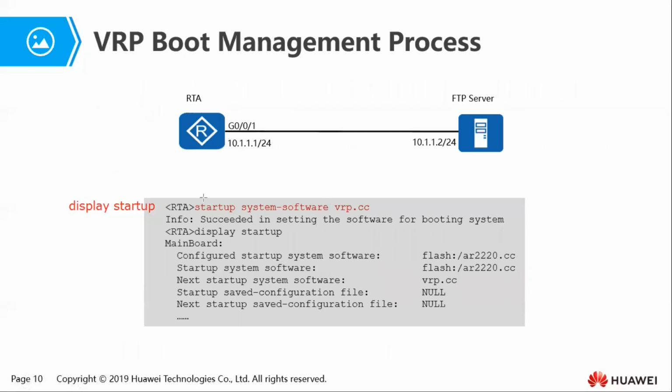You see here, we've configured a different VRP to run in the next startup using the command startup system software. So to confirm that, we use the command display startup. So we can now see that indeed in our next startup we are going to use that particular software. Thank you very much. That is it.